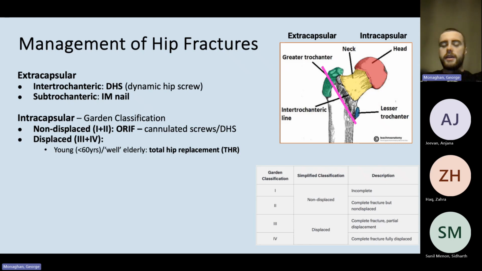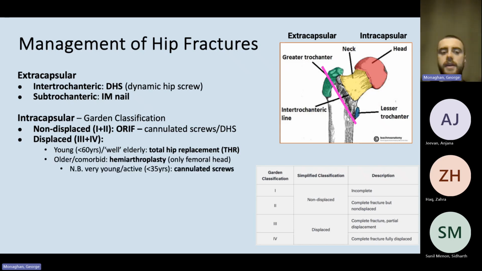So 3 and 4 are displaced fractures, and we go for a total hip replacement if they're young, so less than 60, or if it says they're elderly but the question mentions they frequently garden, or they frequently like to go to the shops and walk quite a bit, then we can give them a total hip replacement.